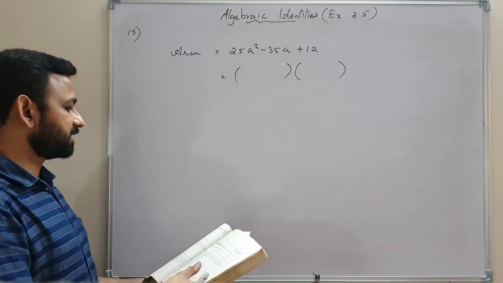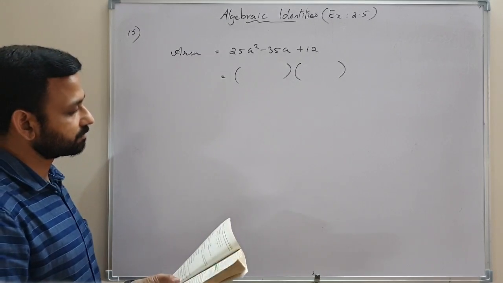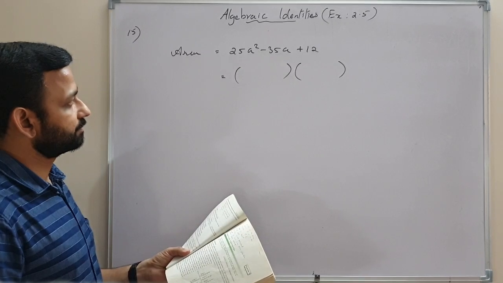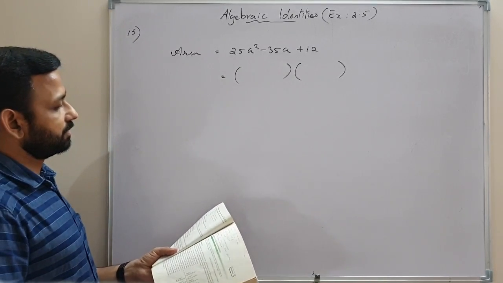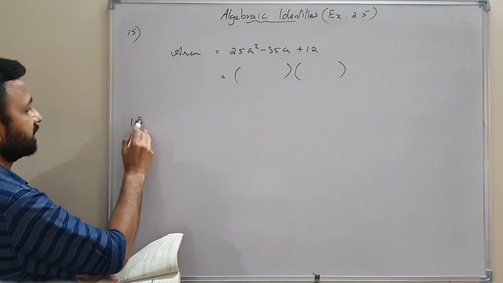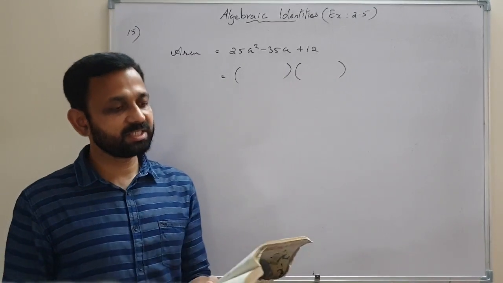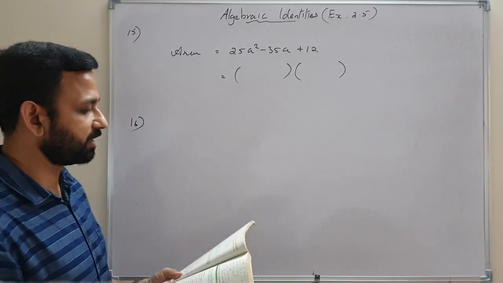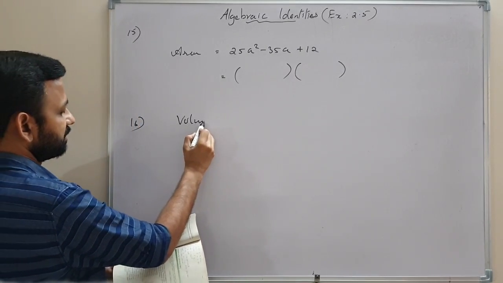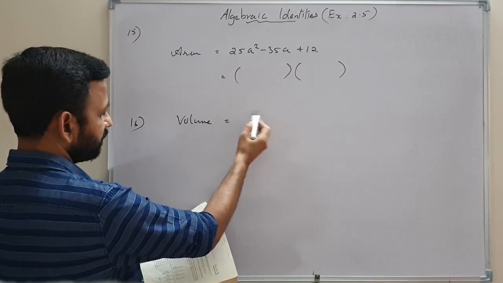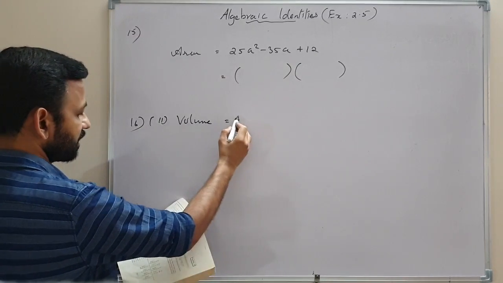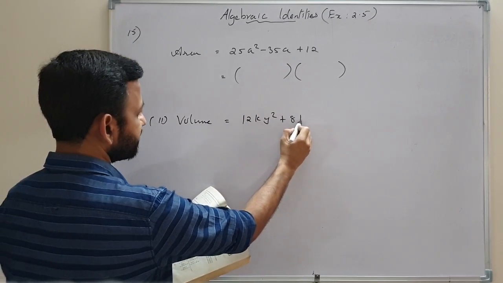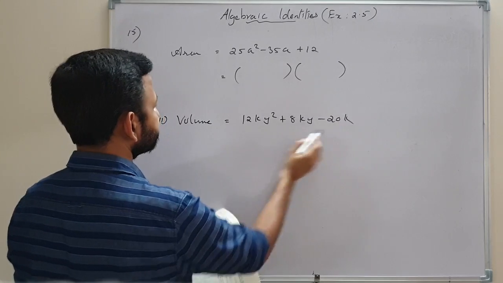And similarly, question number 16. What are the possible expressions for the dimensions of the cuboids whose volumes are given? Here the volume is equal to, we can do the second part, 12ky squared minus 8ky minus 20k.